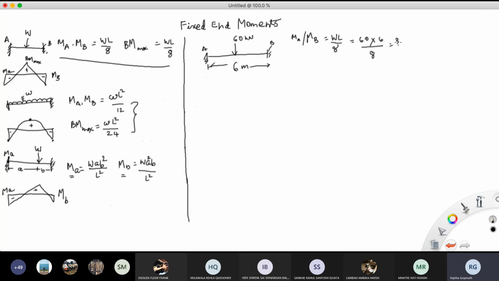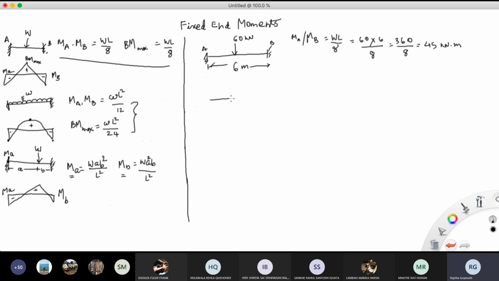So this will be 360 divided by 8, which is 45 kilonewton meter.